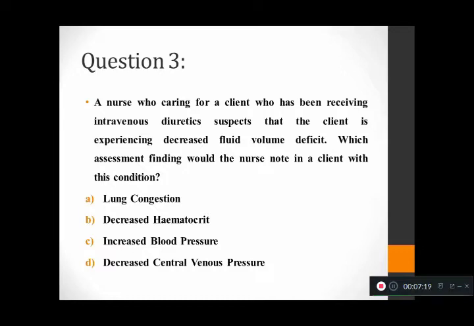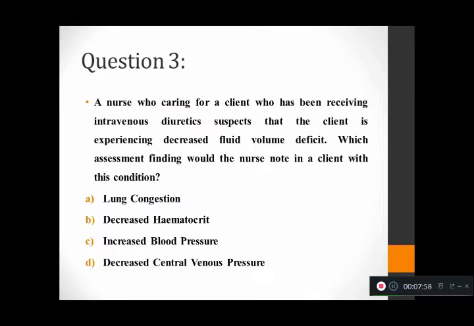You can see the options: lung congestion, decreased hematocrit, increased blood pressure, decreased central venous pressure. According to the options given below, assessing a client with deficient fluid volume includes increased respiration or heart rate, decreased central venous pressure, weight loss, poor skin turgor, dry mucous membrane, increased hematocrit, and altered consciousness.